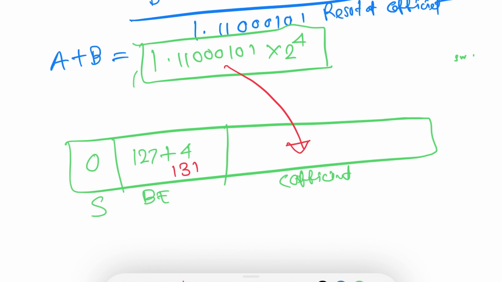Now come to the multiplication. A more simple example. For example, A is equal to 3.